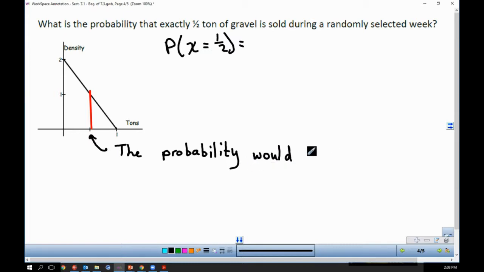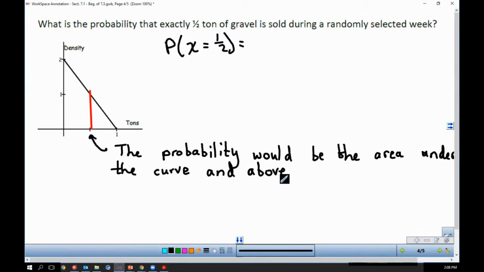Probability would be the area under the curve and above 0.5. So that's this area right here, this line that I drew, that would be our probability.